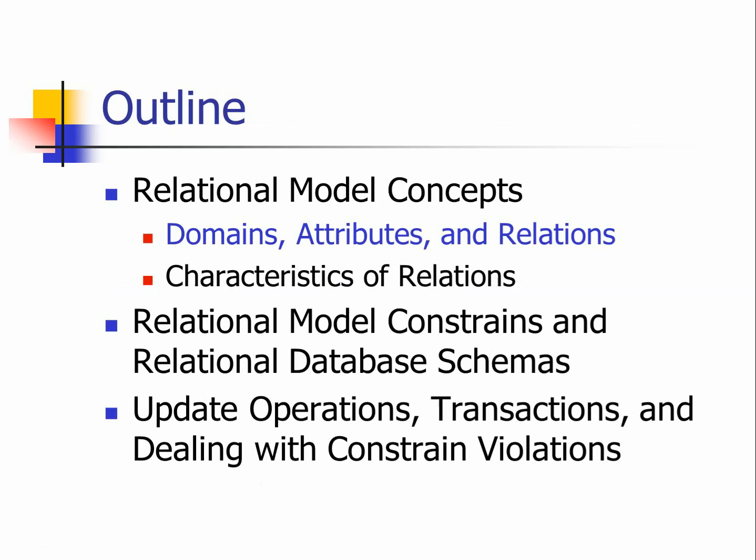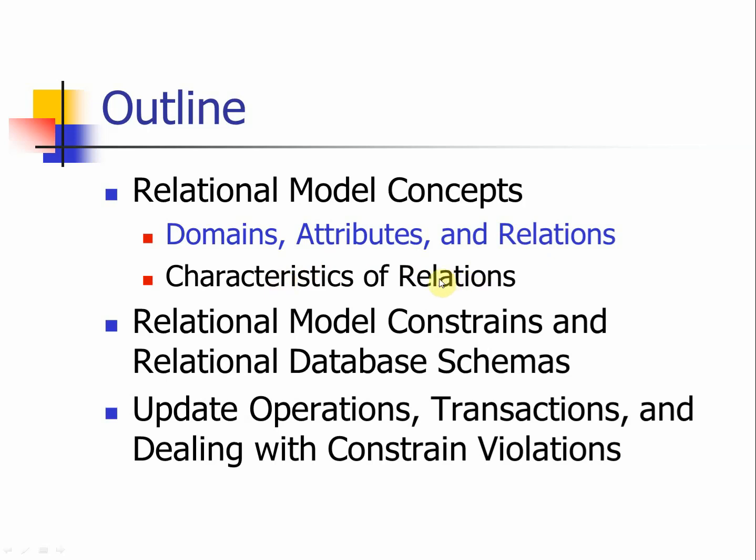So based on his paper, these are the concepts that we need to understand in order to design what we call the relational schema diagram. Here's the outline. Relational model concepts, where we start with the domain, attributes, and relations. After that, we will look into the characteristics of the relations.